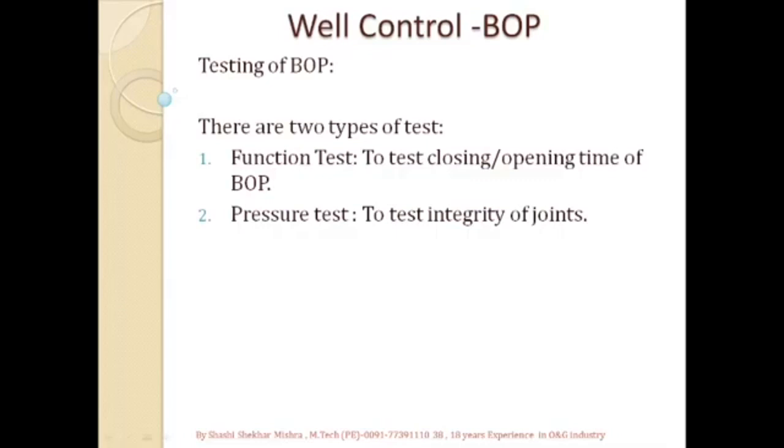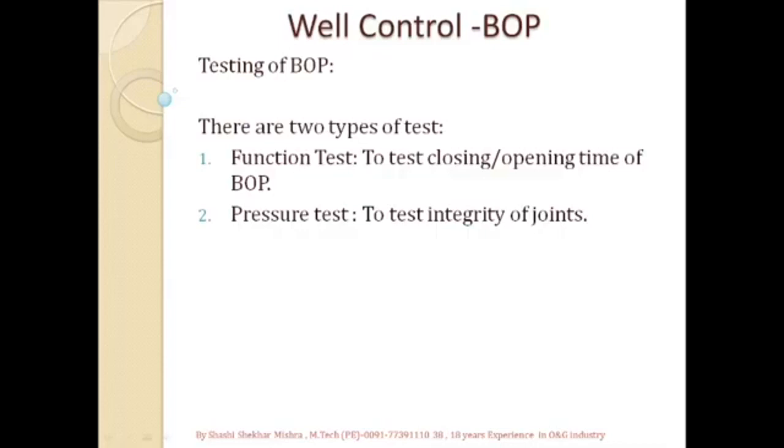Pressure test is done to check the integrity of all joints of the BOP stack and seals of the BOP. It is done with the cup tester and test plug. The cup tester has a limitation of pressure test due to the strength limitation of pipe, and also pipe ram cannot be tested with the cup tester.